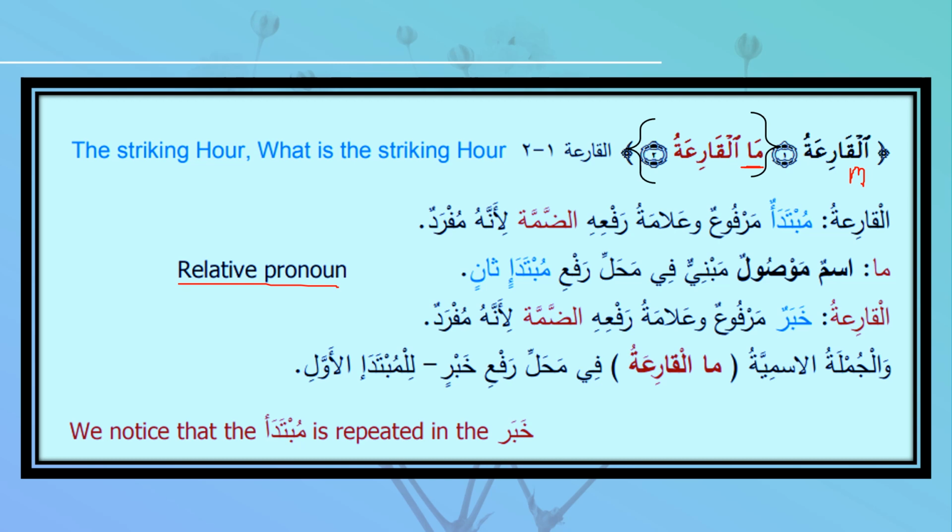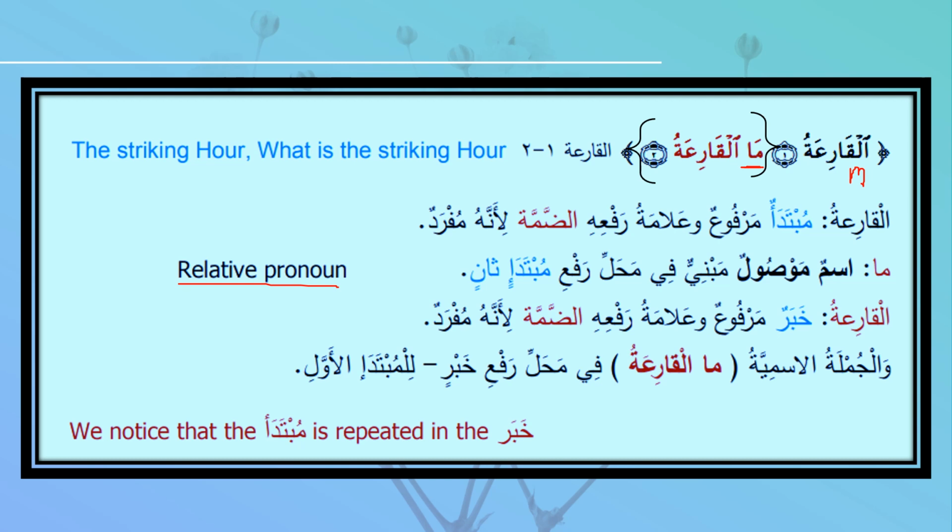It's not a question, but it's saying, what do you know about the Qari'ah? First Allah subhanahu wa ta'ala says Al-Qari'ah, He tells us about the Qari'ah, and then He says, what is Al-Qari'ah?